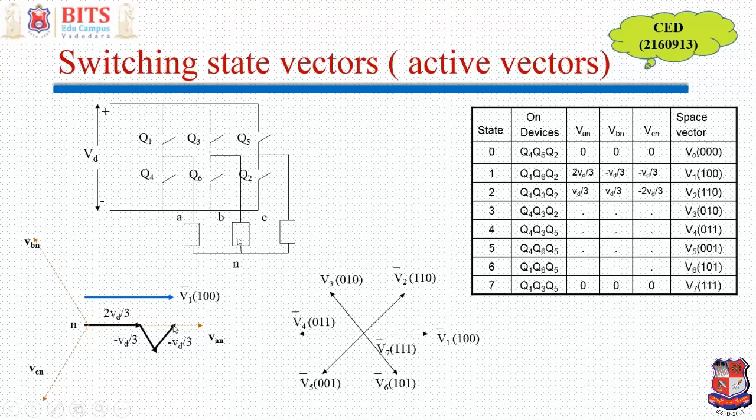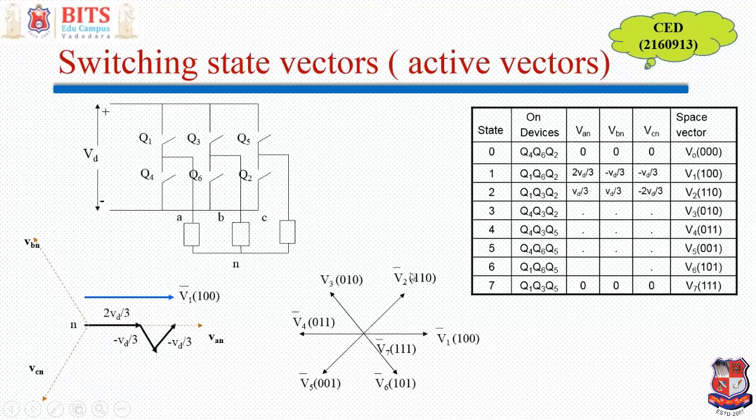So I get a resultant vector known as V1, which is known as a switching state vector with the switch position 100, right? 1 means the top switch of the leg is on, and 0 means the bottom switch is on, right? So first leg, second leg, third leg. So this is the resultant voltage vector generated because of the switching of 1, 0, 0.